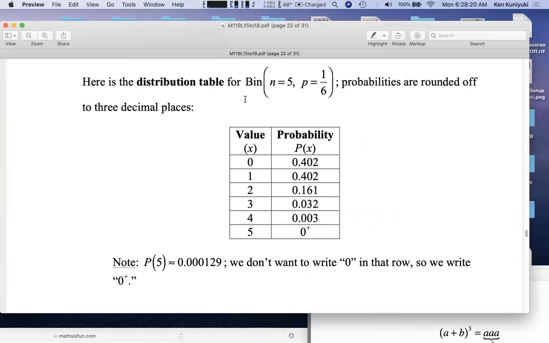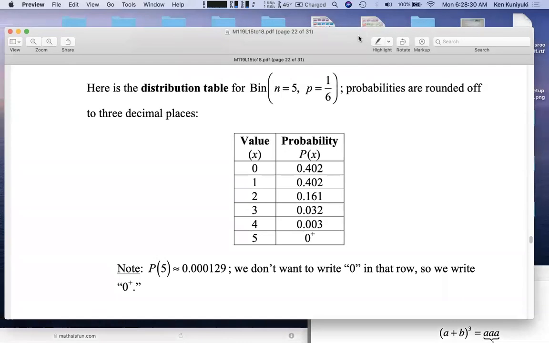So for example, if you have a student taking a multiple choice test with 5 questions, n equals 5 trials or questions, and each question has options A through F, 6 options, and the student guesses randomly on each question. The student knows nothing about the material and guesses randomly.